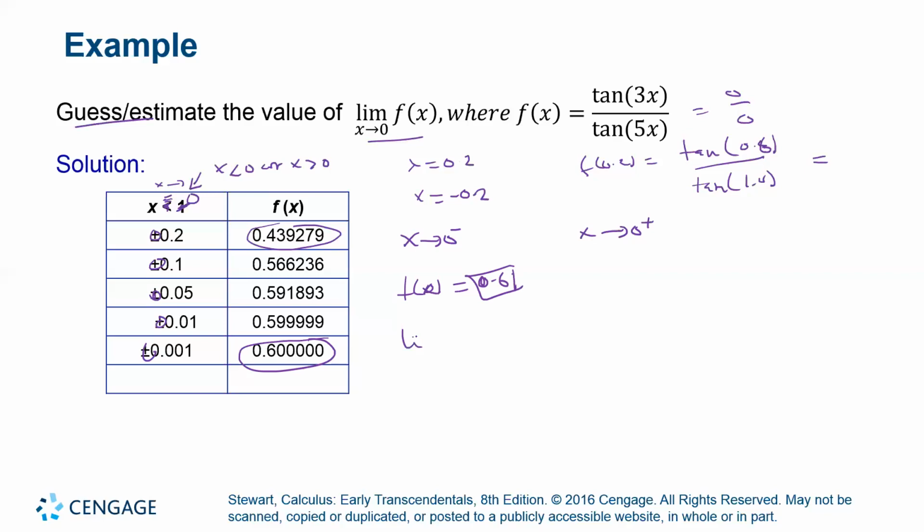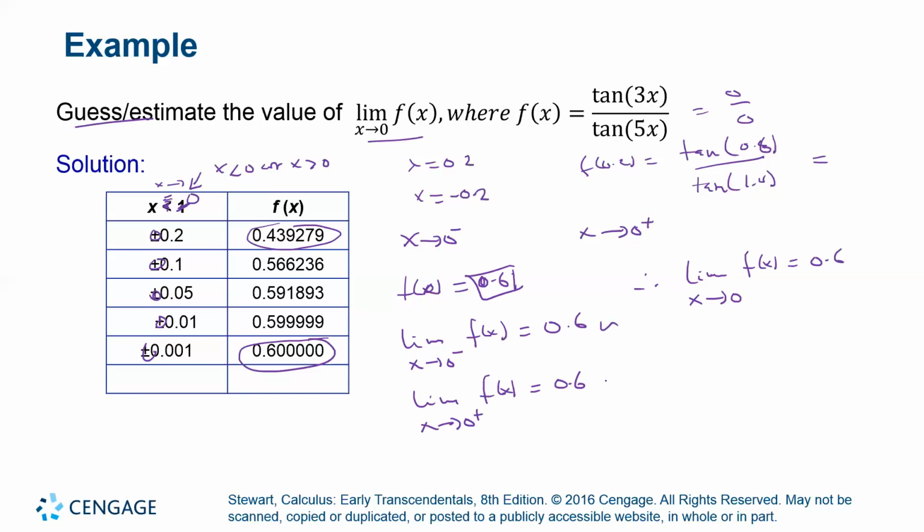So symbolically, we say that the limit as x approaches 0 from the left of f of x is equal to 0.6, and the limit as x approaches 0 from the right of the same function is also equal to 0.6. Therefore, the limit of the function as x nears 0 is 0.6, because these two values are equal. And that will be the answer for that.